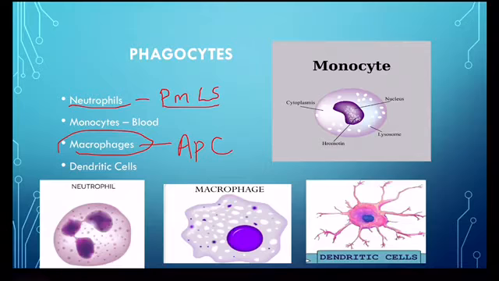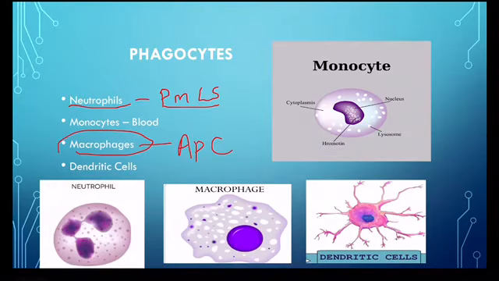These cells capture the antigen and process it into smaller fragments during the phagocytosis process, and these fragments are now called antigenic peptides, and these antigenic peptides are presented onto the surface of the membrane along with the MHC that is present on its surface.